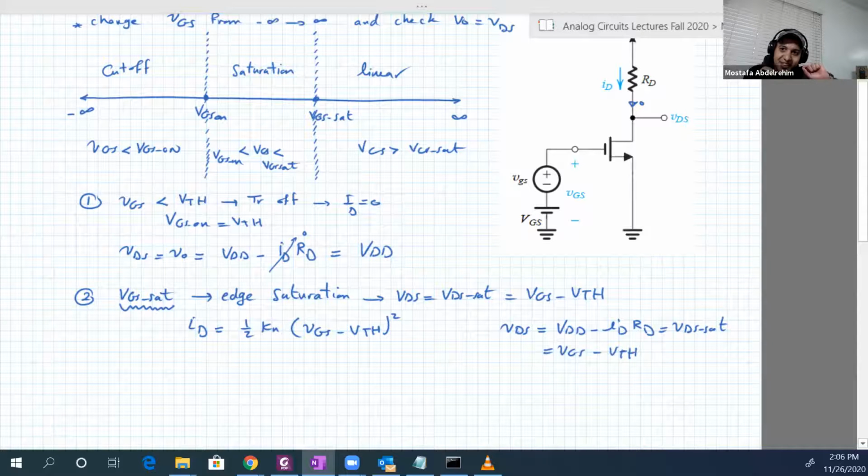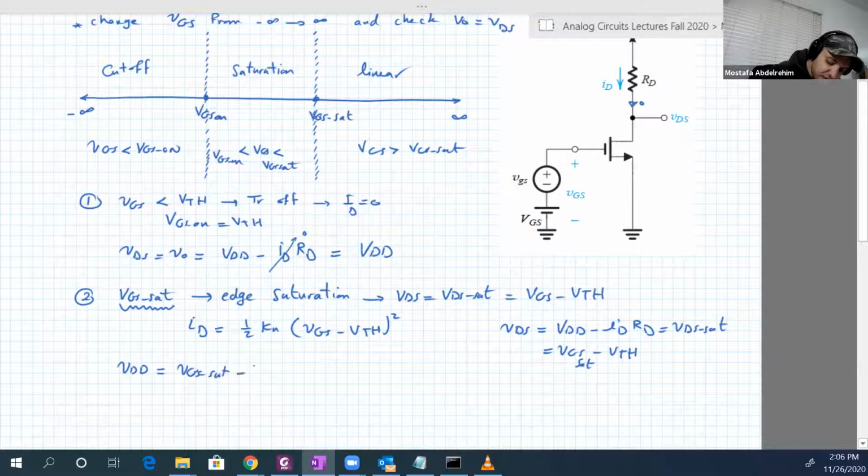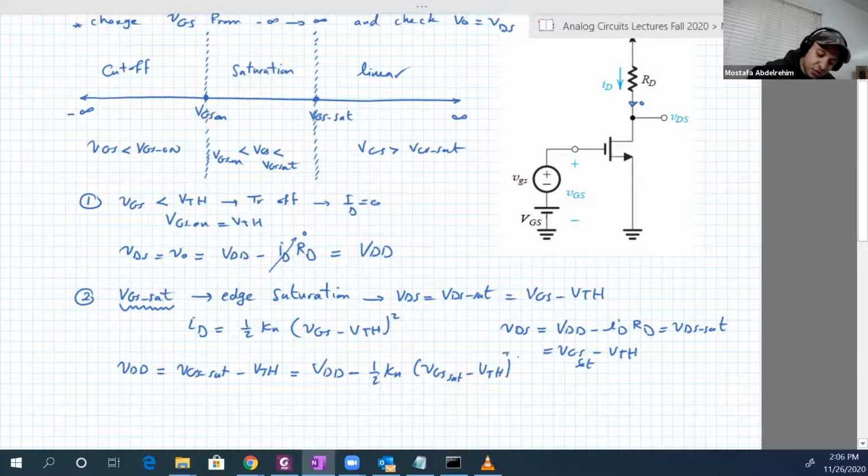Particularly at the edge, we want to determine the VGS value that puts the transistor at that edge point. So this is VGS set, basically. Good. So VGS set minus V threshold equals VDD minus ID, which is half Kn (VGS set minus V threshold) squared, times RD.